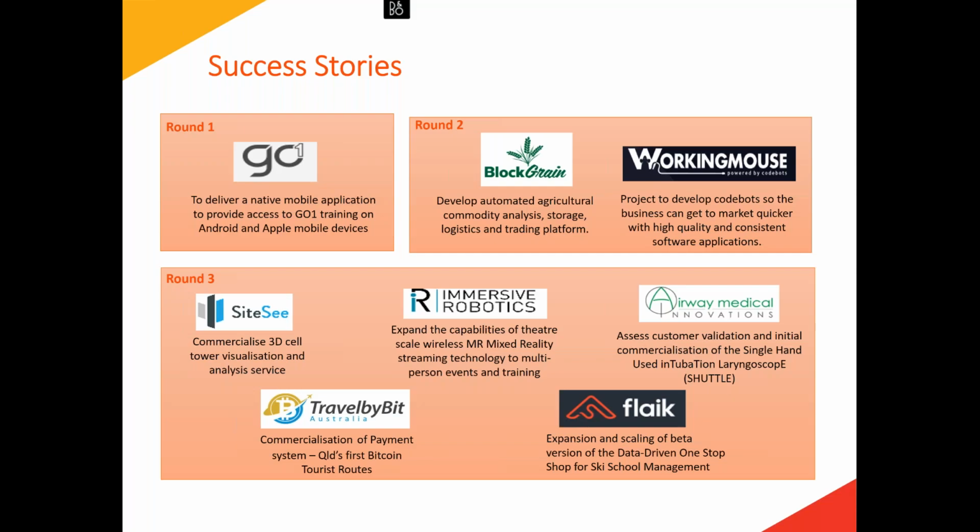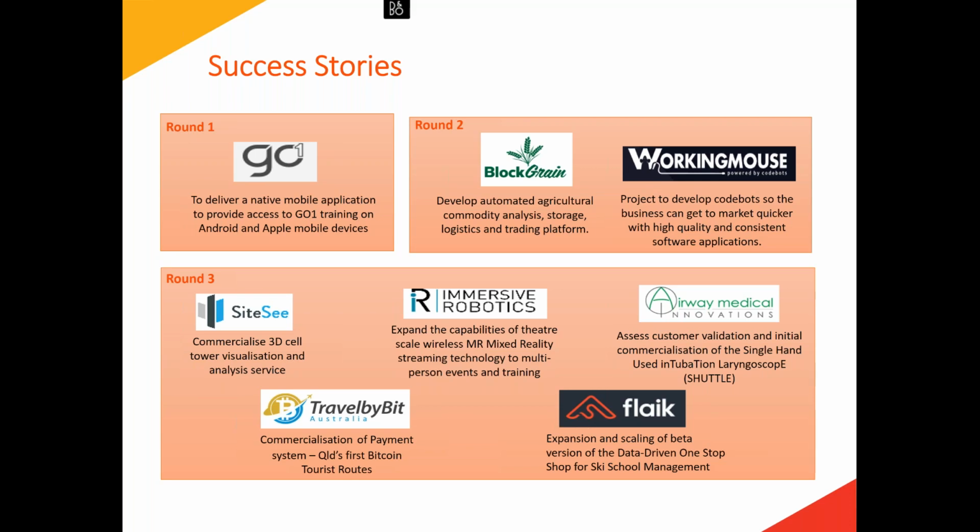What I just wanted to highlight is some examples of success stories to date from previous rounds. Now, this is just a very small sample of 8 out of 203. I just want to highlight the diversity of the projects and businesses.